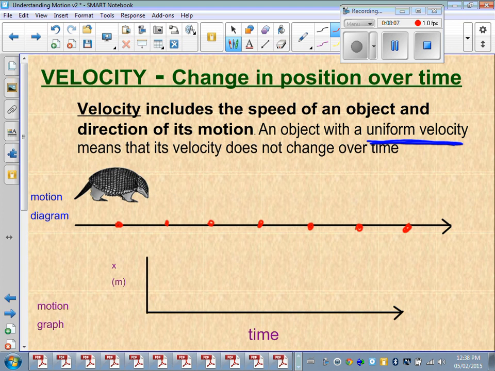If it was going at a uniform velocity, this distance, let's call it d1, would be equal to this distance here, d2.